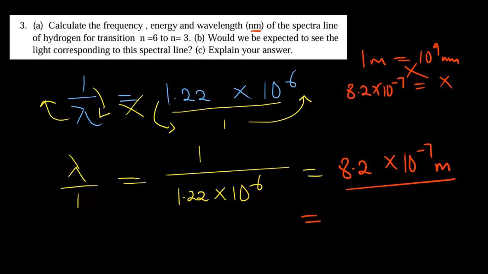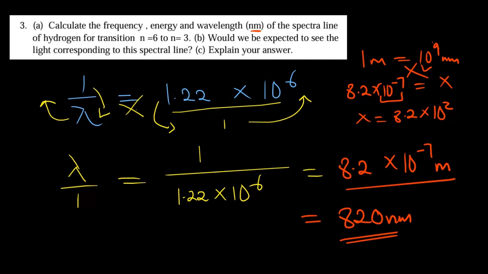So we cross multiply. We see that this and this have the same base, so we can add the powers. So that would be minus 7 plus 9. So x there will just be 8.2 times 10 to the power 2. That will mean that we move the decimal place 1, 2. So our wavelength in nanometers would just be 820 nanometers.